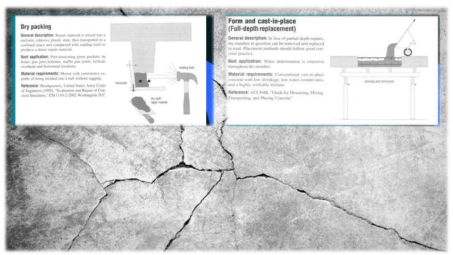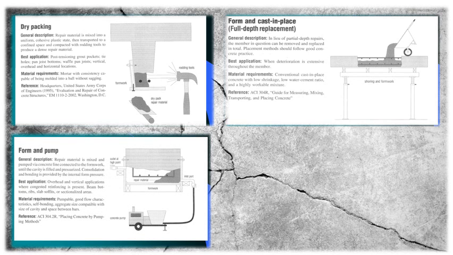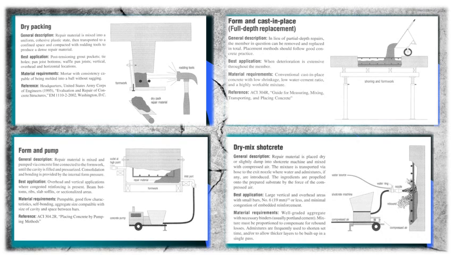Next is the form and cast in place of full depth replacement. The material requirements are conventional cast in place concrete with low shrinkage, low water cement ratio, and a highly workable mixture. The next method is form and pump. The materials are pumpable, with good flow characteristics, self-bonding, and aggregate size compatible with the size of the cavity and space between bars.